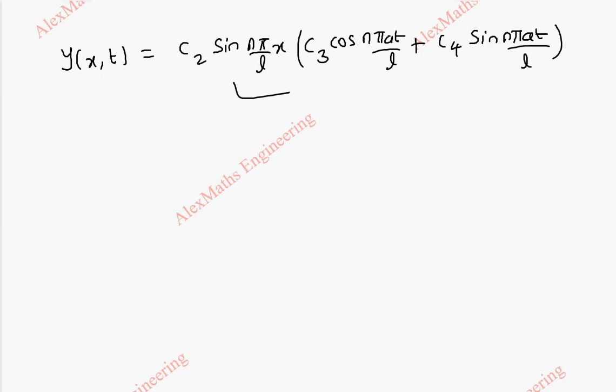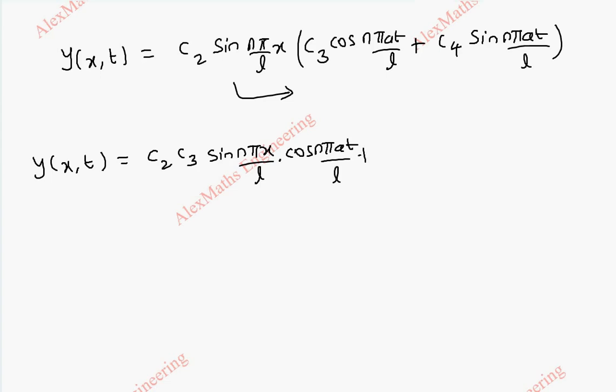Now let's multiply this inside. So y(x,t) is c2 c3 into sin(n pi x by L) into cos(n pi at by L), plus, if we multiply with the other term, c2 c4 into sin(n pi x by L) into sin(n pi at by L).